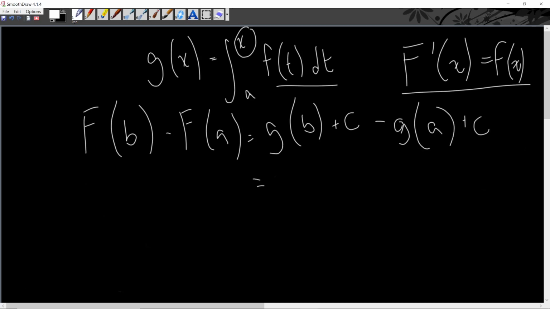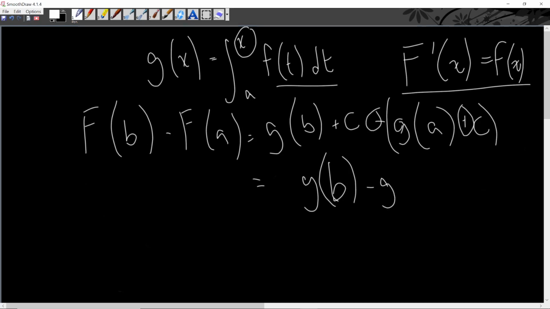And then from here, this will be in parentheses. Minus will distribute to this plus c, so we're going to have c minus c, which is 0, and we're going to be left with g of b minus g of a, right? And then from here, we know that g of x is equal to the integral from a to x of f of t dt.